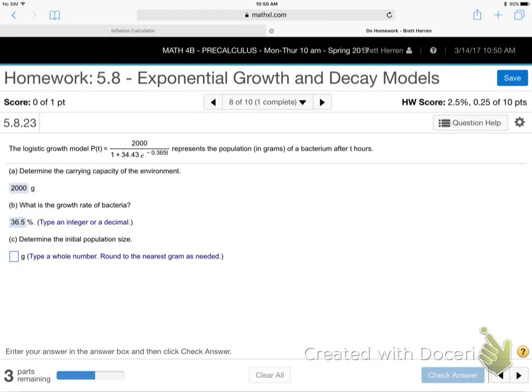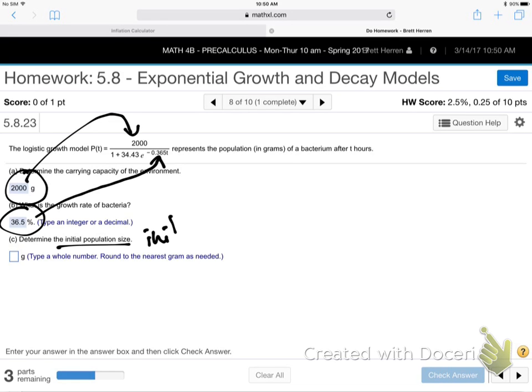Here we go. So carrying capacity is just the number on the top. This is a special kind of formula. Percentage is just right there. Change it to percentage. Initial population, what does initial mean? Initial means at the start. And at the start, time is 0.